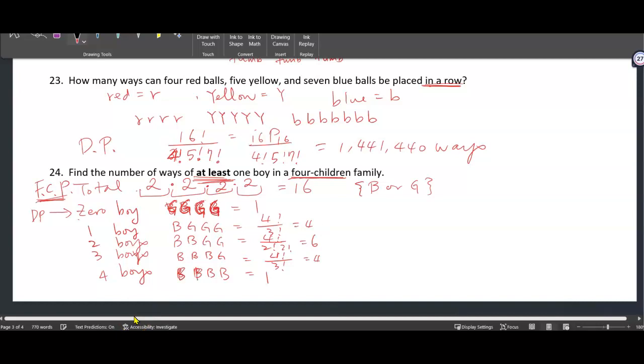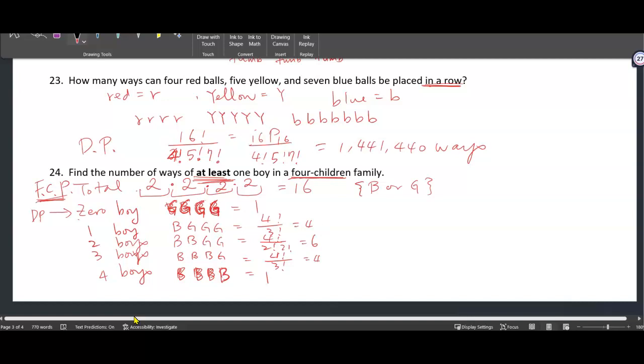But when there's a mix of boy or girl, then you need to use the distinguishable permutation to help you. And so for 1 boy, I would have 4 factorial counted as all order matters, and the 3 factorial is for the 3 G's, that order doesn't matter.